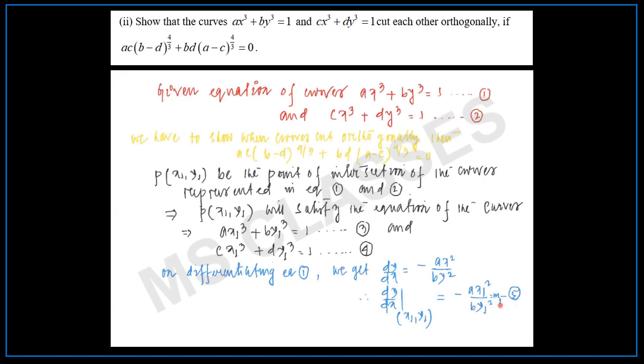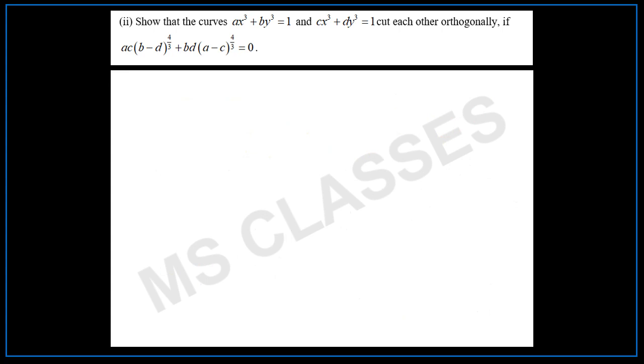Now similarly, we find the slope of the second curve at the point of intersection on differentiating equation 2. On differentiating equation 2, we get dy/dx equal to minus c x square by d y square.